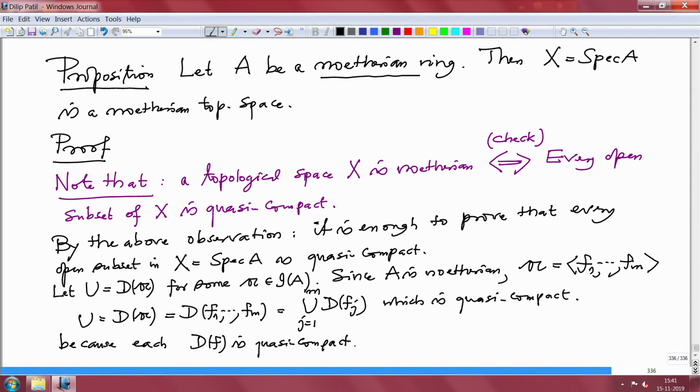And why that? Since this D(f) we can identify with Spec of A localized at f, and A is Noetherian, therefore this is Noetherian, and just now we have seen earlier that the spec is quasi compact, therefore this is a homeomorphism.